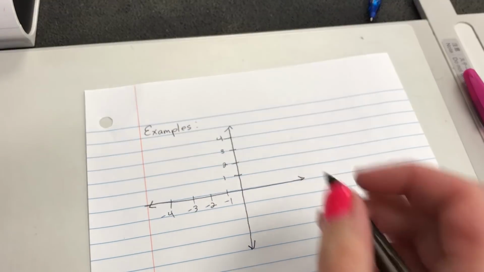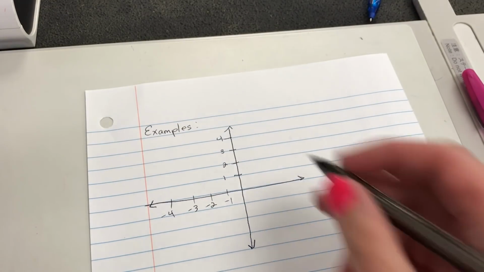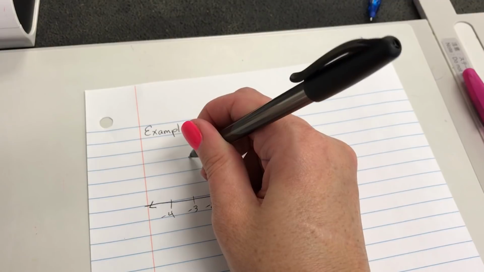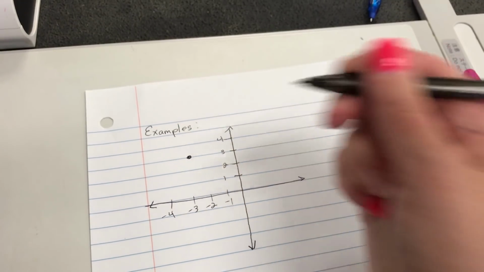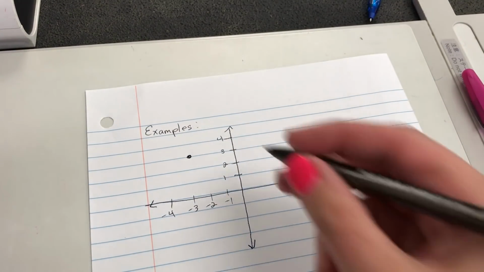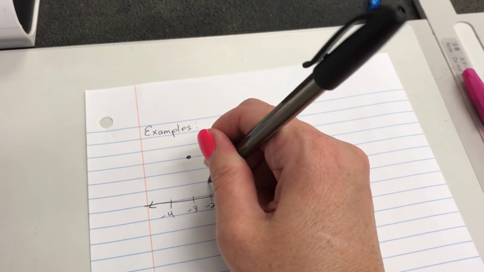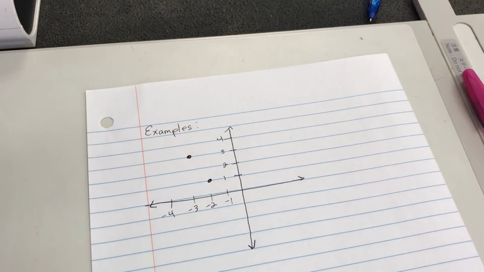Okay. We're going to say we have a point at -3, 3. And we're going to make a point at -2, 1. All right.